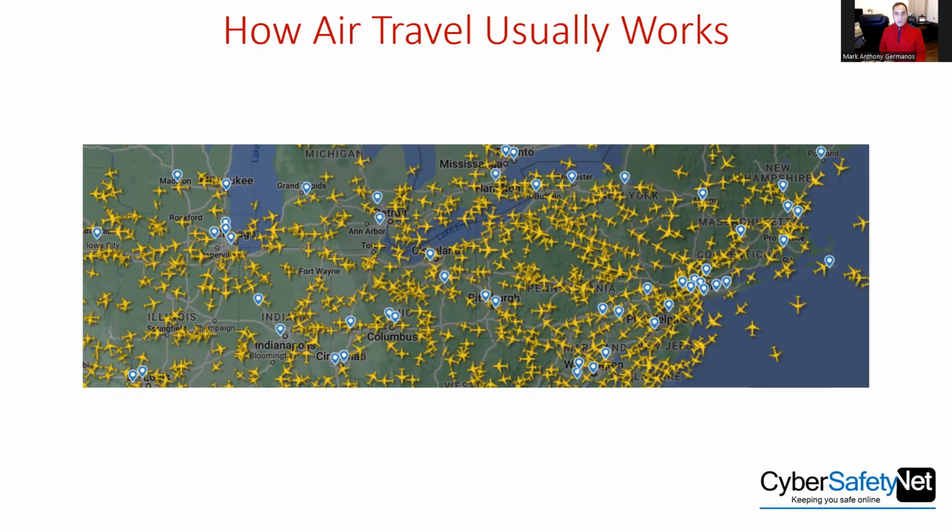A pilot in New York has a long pre-flight checklist, and that involves checking in NOTAMs to make sure there are no alerts that would affect the flight from New York to Chicago.